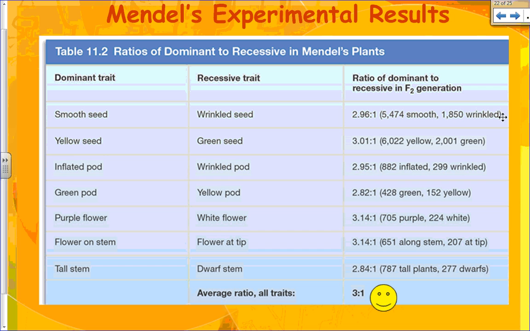But essentially, after Mendel allowed the offspring of his first cross to mate, he noticed that there was a 3-to-1 ratio of dominant phenotypes to recessive phenotypes. And this was very consistent with all the traits that Mendel looked at in the pea plant, which definitely suggested that there was something going on with how traits are being inherited.